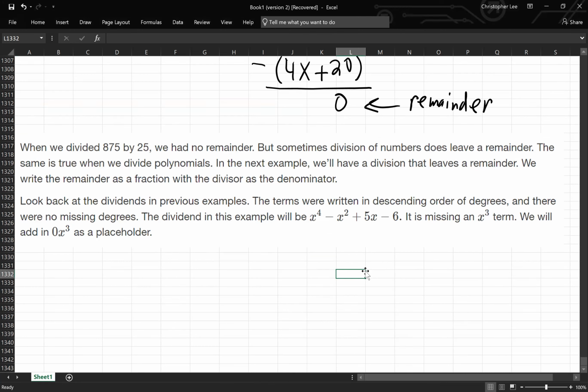So look back at the dividends in previous examples: terms were written in descending order of degrees, and there were no missing degrees. The dividend in this example will be x to the 4 minus x to the second plus 5x minus 6. It is missing an x to the third term, right? We will add in the 0x cubed as a placeholder, right?